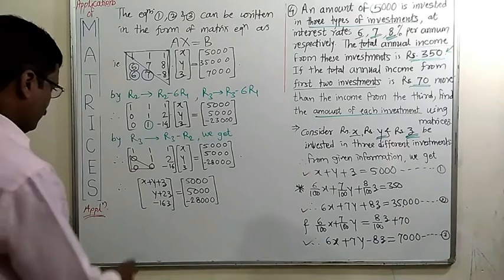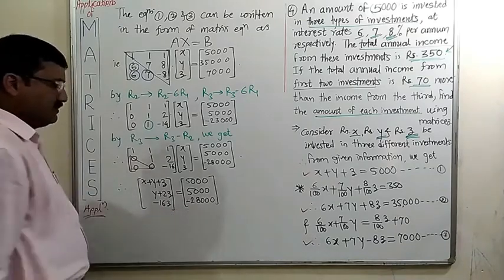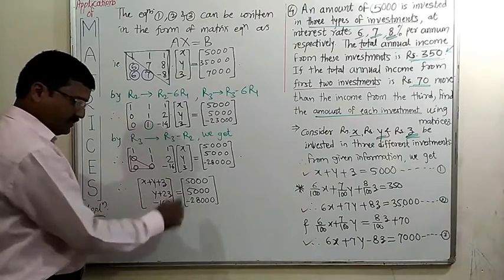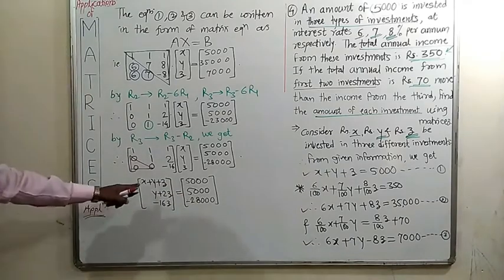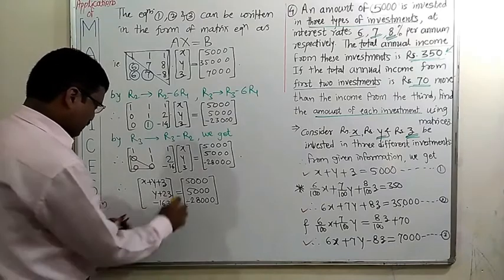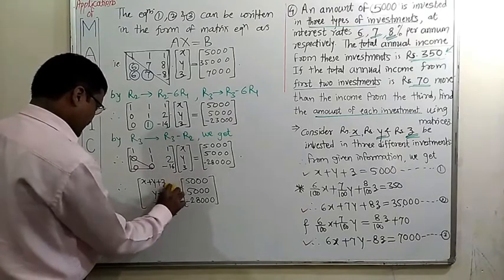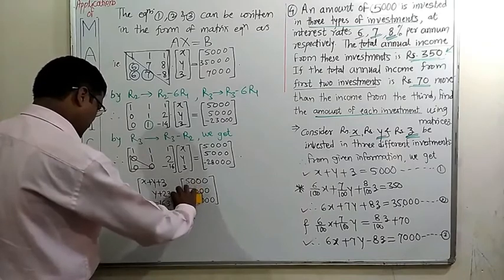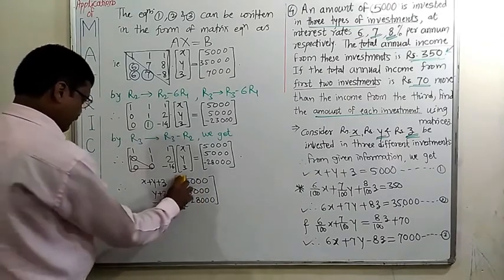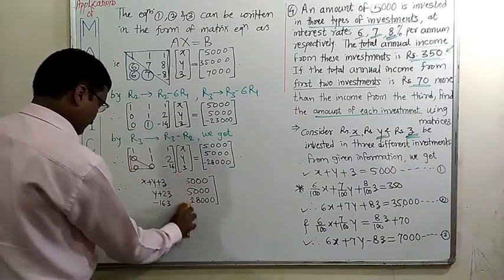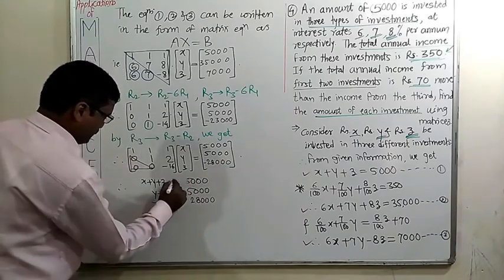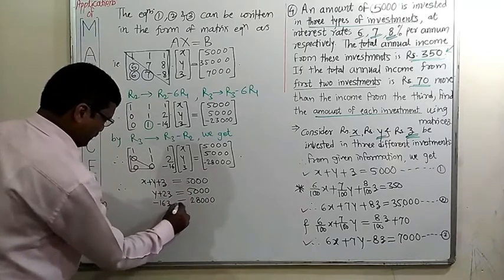So by equality of matrices we can equate the corresponding elements. We get x plus y plus z equal to 5,000, this equal to this and this equal to this.